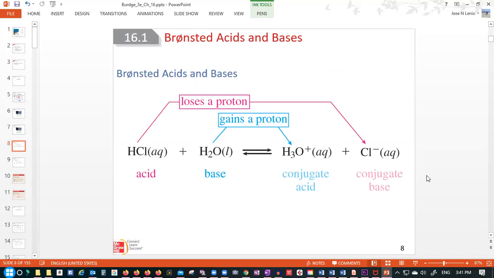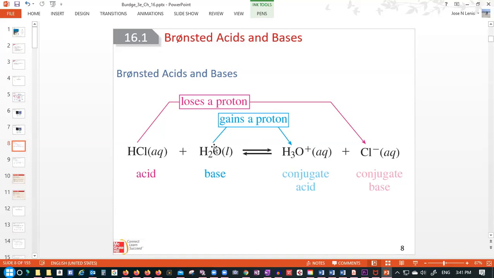Let's check in more detail the process of formation of conjugate acids and bases. According to Brønsted-Lowry, the acid donates protons to the base. And as you can see from the previous slide, water is having double behavior.